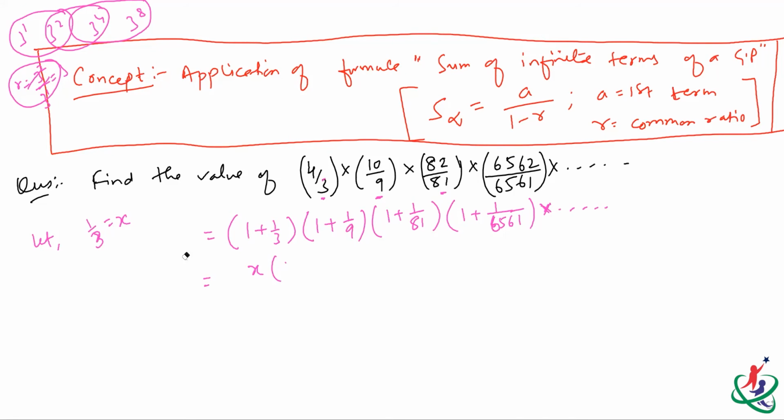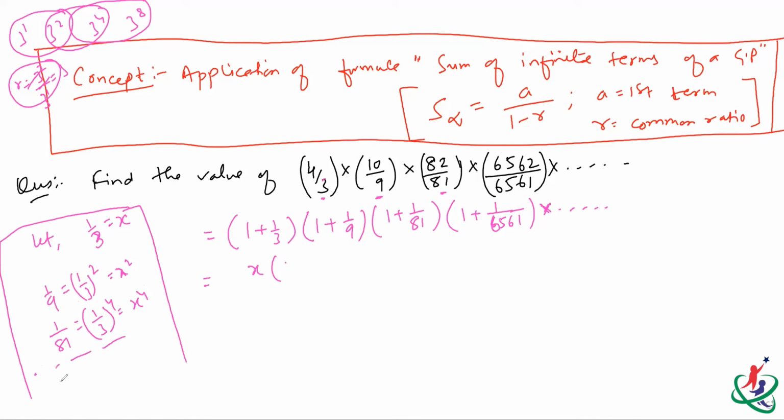Just assume 1 upon 3 as x. We can write 1 upon 9 as 1 upon 3 whole square, so that means x square. Similarly, 1 upon 81 could be written as 1 upon 3 whole to the power 4, so we can say x to the power 4. I hope you are understanding, right?